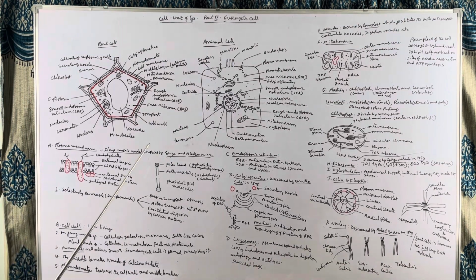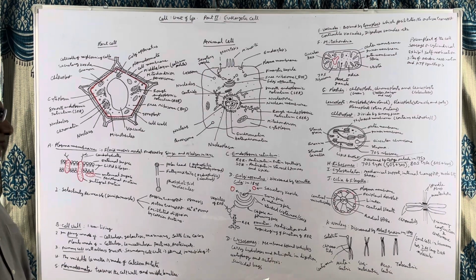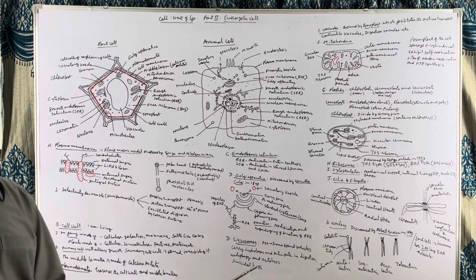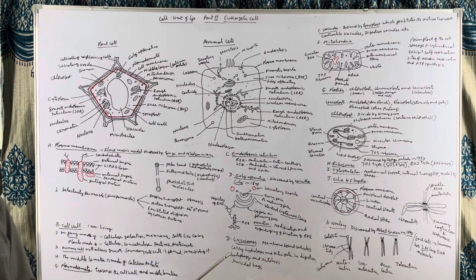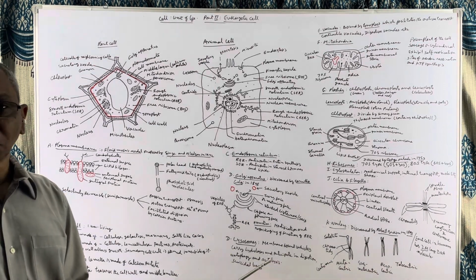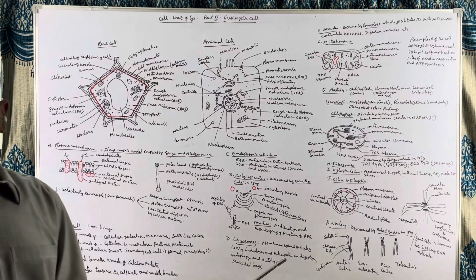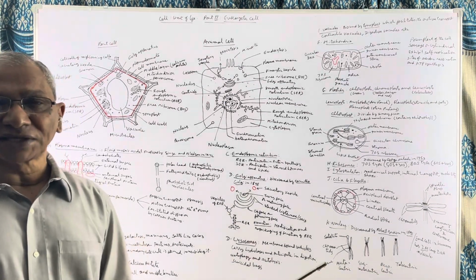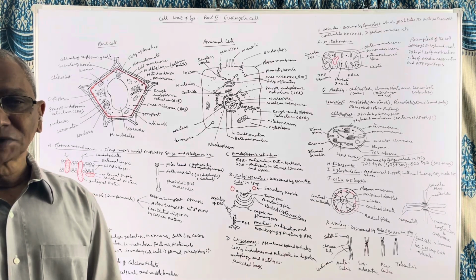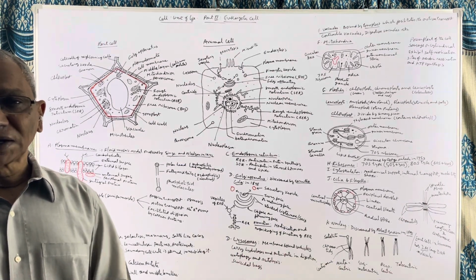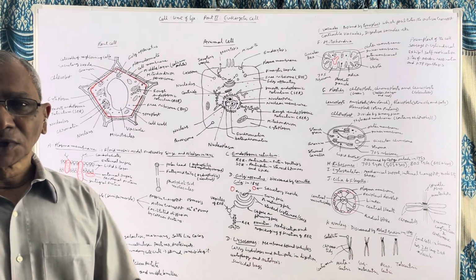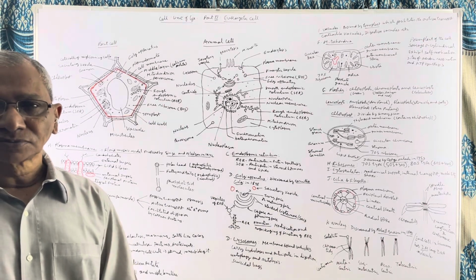The structure of the plasma membrane was explained by Singer and Nicolson in the year 1972. With the help of an electron microscope, Singer and Nicolson studied the plasma membrane of RBC. Empty RBC cells are known as ghost cells because RBC have no cell organelles except for hemoglobin.